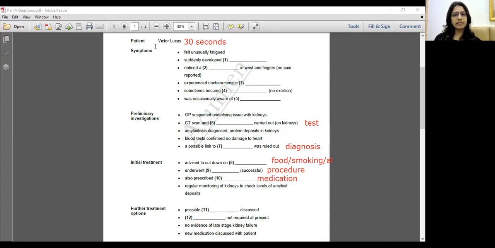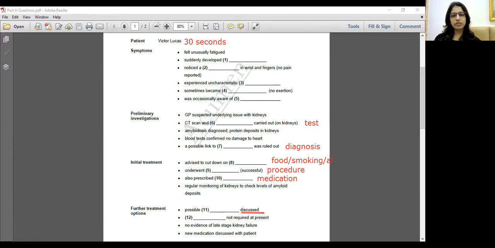And the final heading here says further treatment option. So the treatment he has received so far is in the past, and this is for the future. Now it says possible blank discussed, which means a possible treatment option has already been discussed.